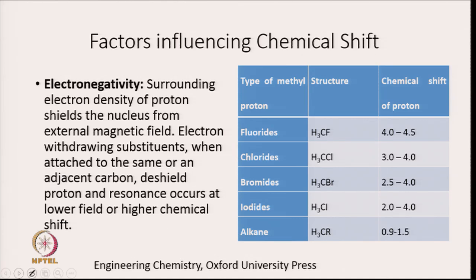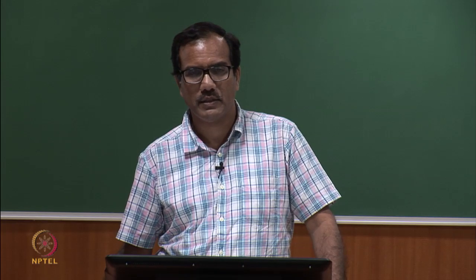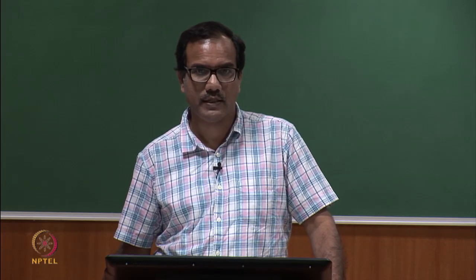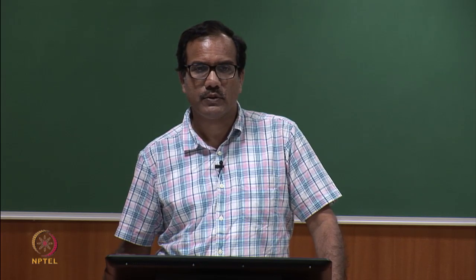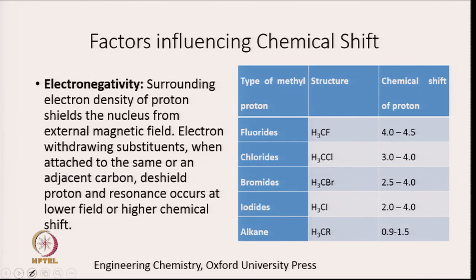In the last class I started discussing factors influencing chemical shift. Again I will start with electronegativity. The surrounding electron density of the proton shields the nucleus from the external magnetic field. So, if I have an electron withdrawing substituent attached to the same or an adjacent nucleus, it de-shields the proton and resonance occurs at lower field or higher chemical shift.